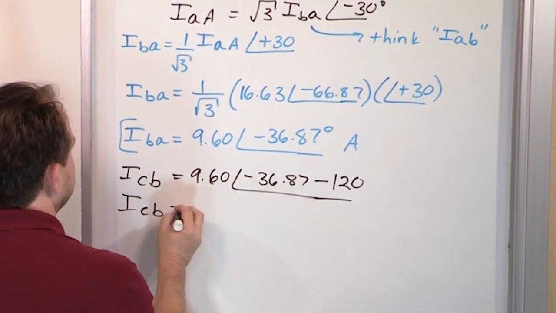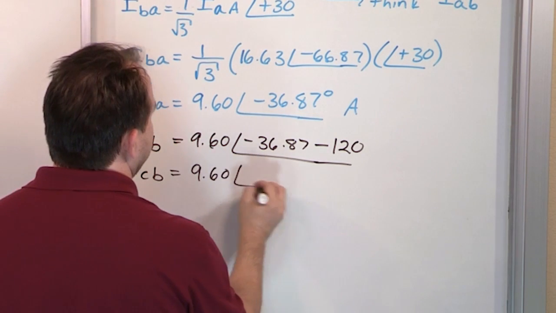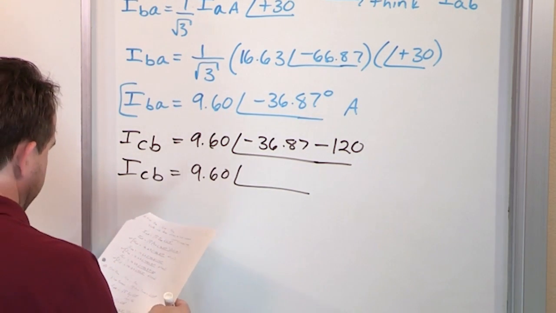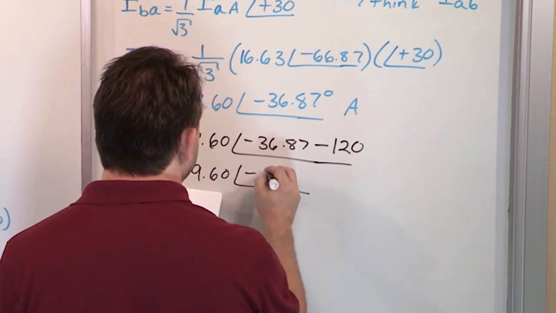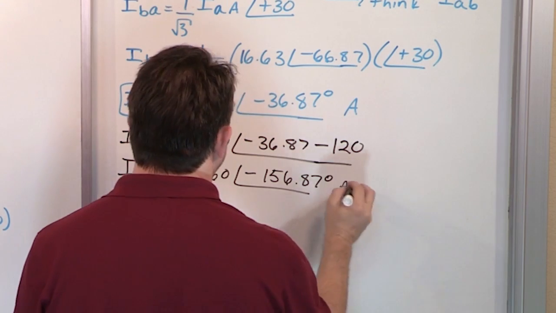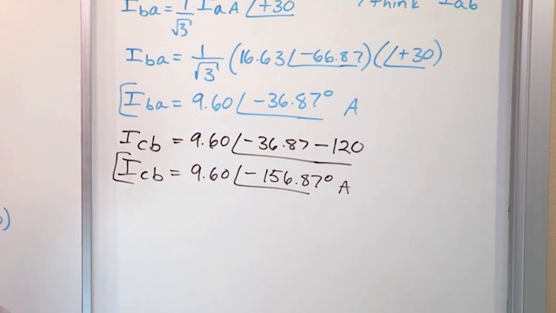So CB, 9.6, angle negative 156.87 degrees. Okay, that's the B phase current in the generator.